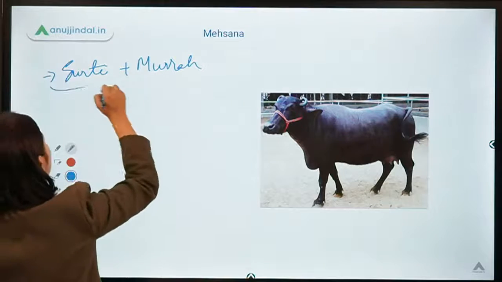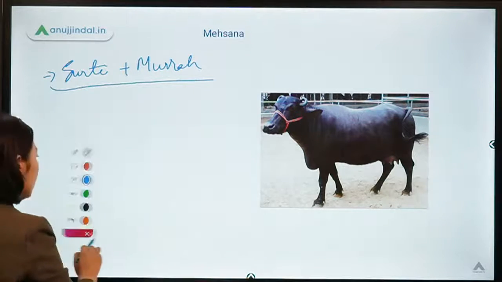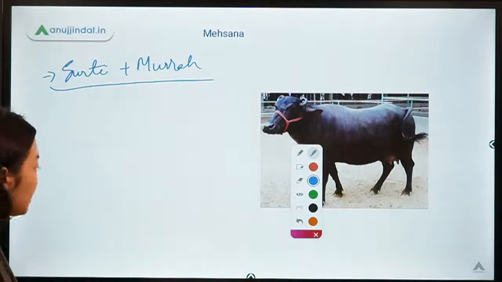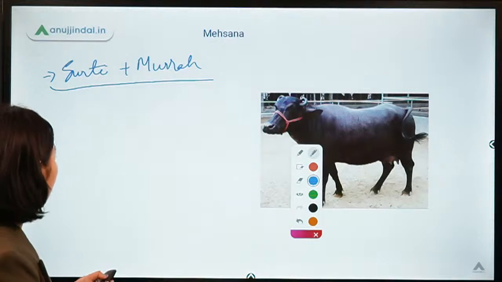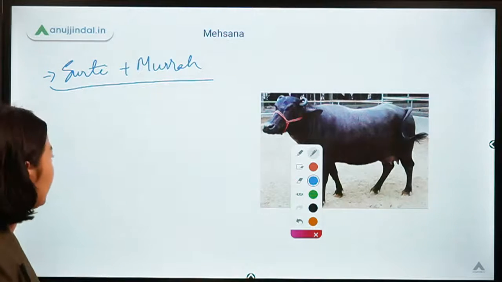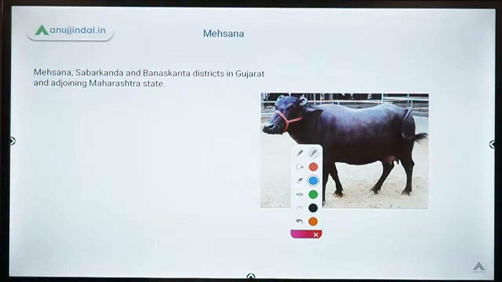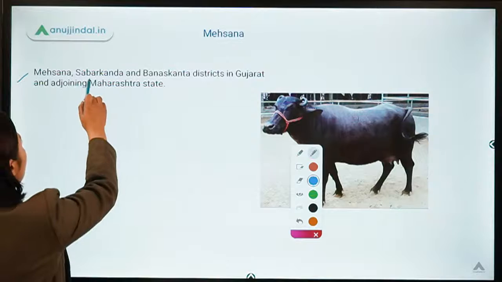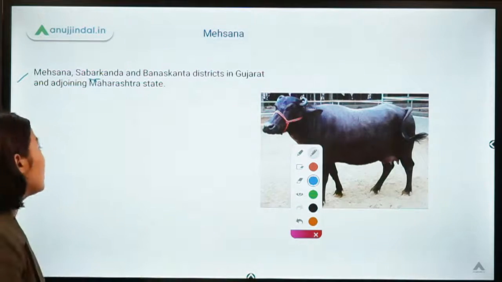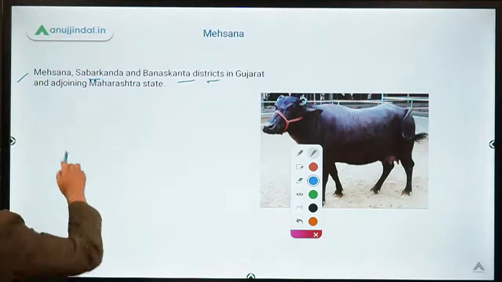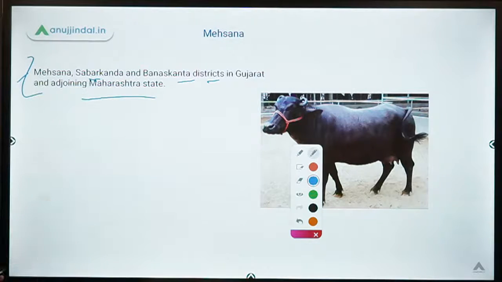We've already learned about the characteristics of Surti and Murrah, so this is a progeny of these two breeds. They are found in the Sabarkantha and Banaskantha districts in Gujarat and adjoining Maharashtra state.